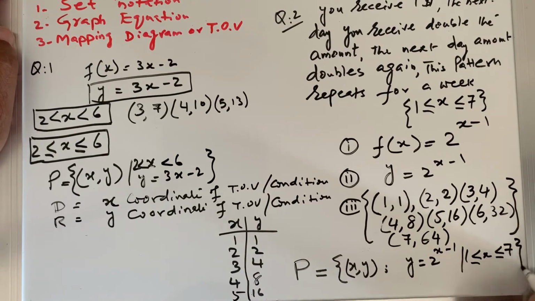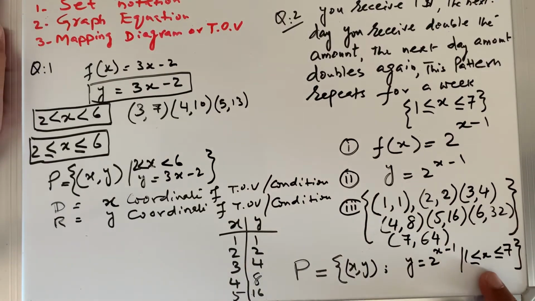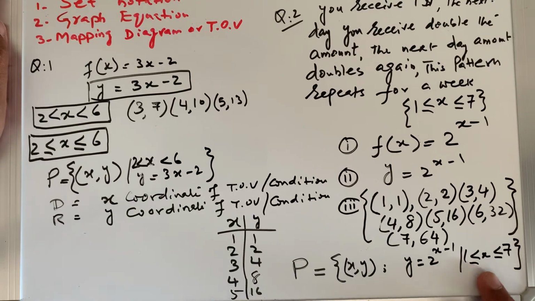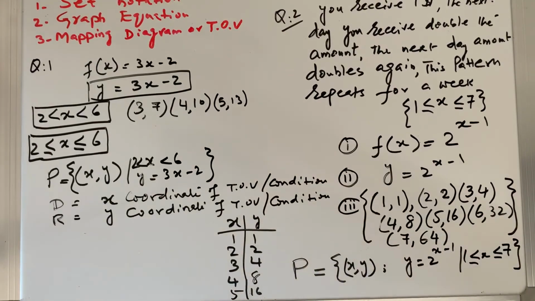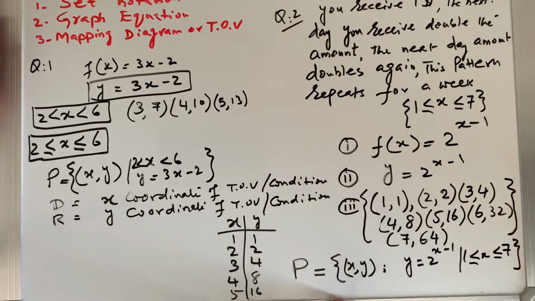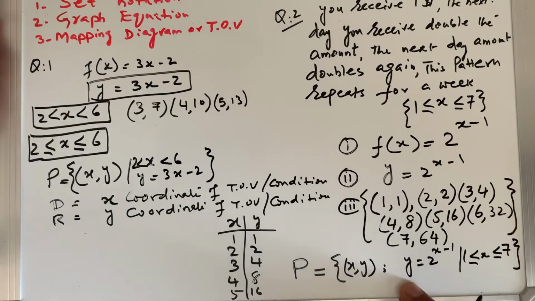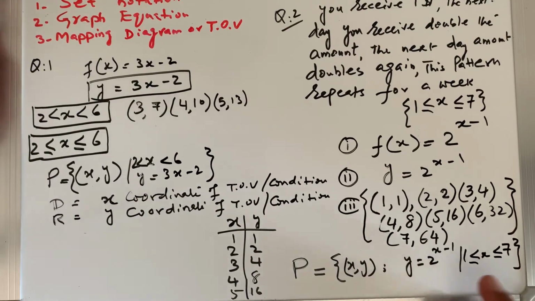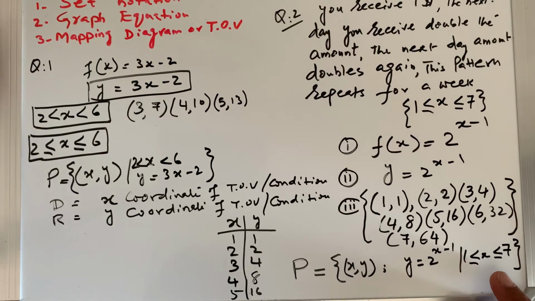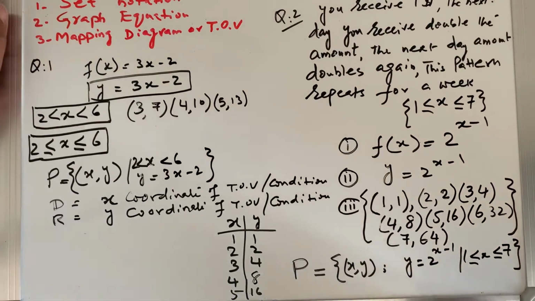So X value is limited here between 1 and 7. It's a set notation, right? So whatever we have indicated here is the same thing. This statement or set notation is going to tell us the value of Y or range dependent on X, and X has a condition that X must be in between 1 and 7. So this is your set notation, right?